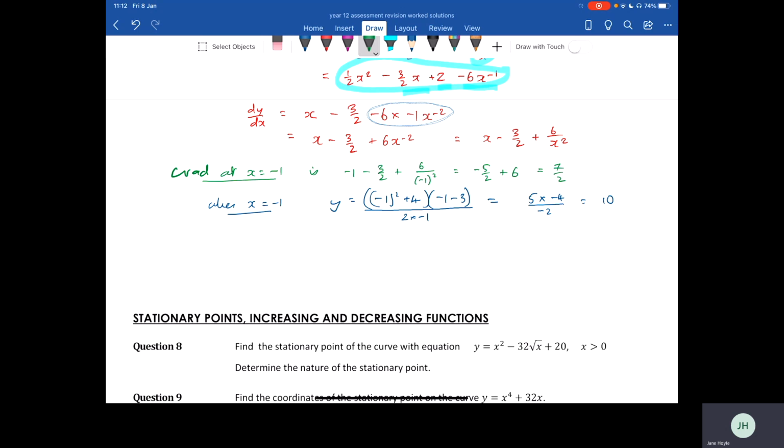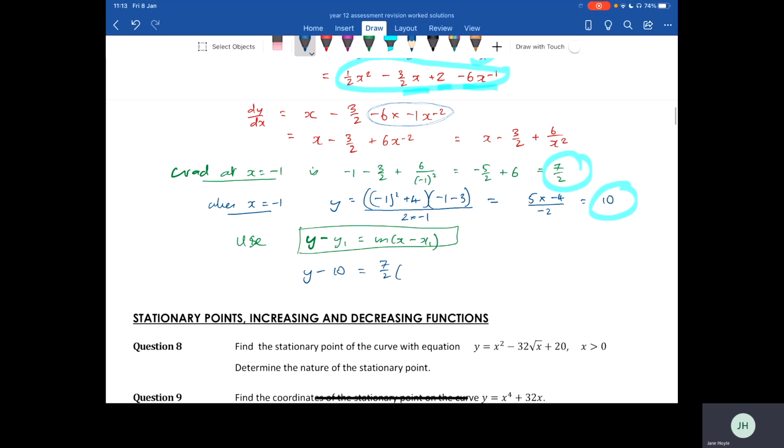I'm going to use y minus y1 is equal to m, x minus x1. y minus y1, which is this 10, is equal to m, which is the 7 over 2, because it's a tangent, we weren't finding a normal.